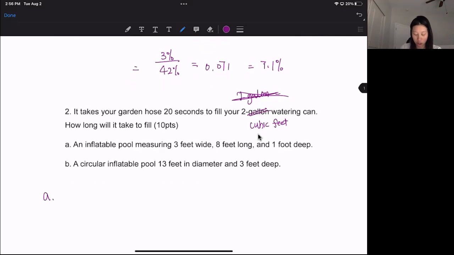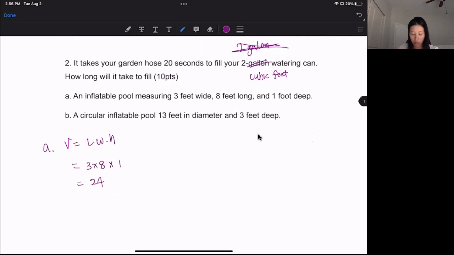So the volume equals length times width times height, which is 3 times 8 times 1, which is 24. So we know that this is 24 cubic feet.